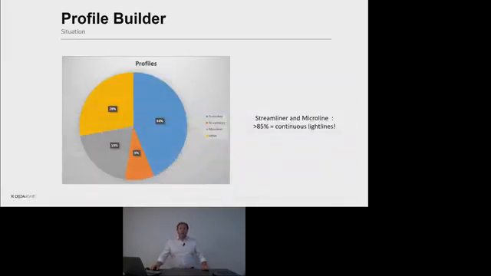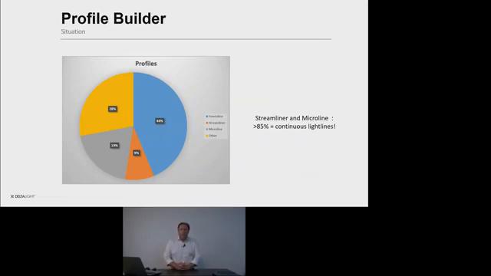If we look at the different profiles that we are handling on a daily basis here, we see that 44% of all the profiles is Femtoline or Femtoline family. Then we have Streamliner and Microline, which is 9 and 19%, and then the rest of the profiles, which is about 28%.